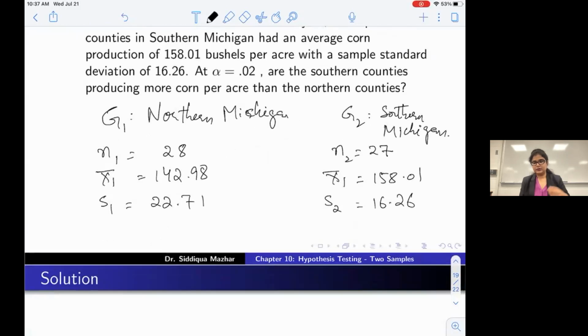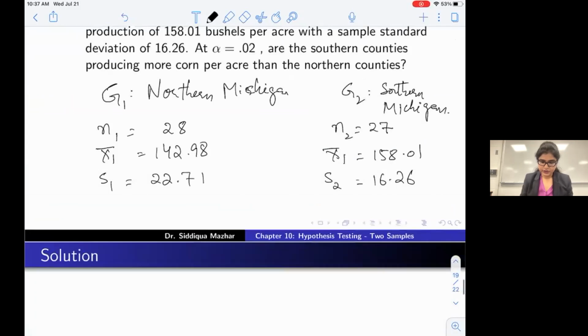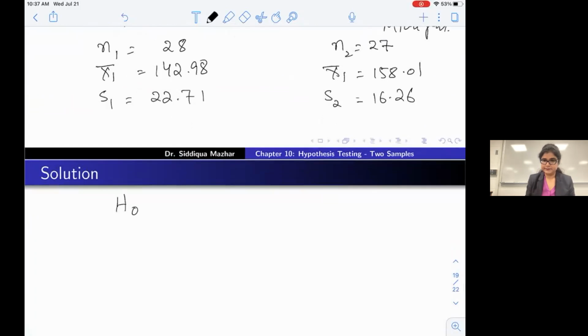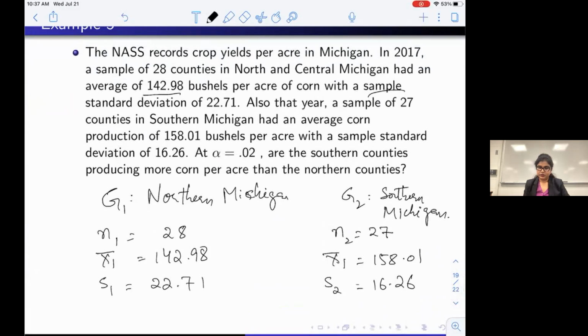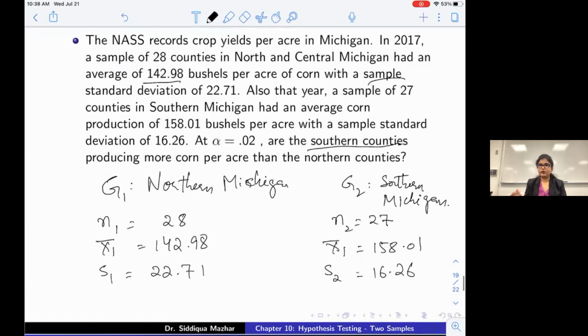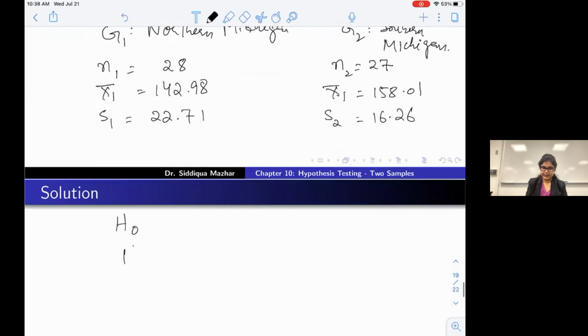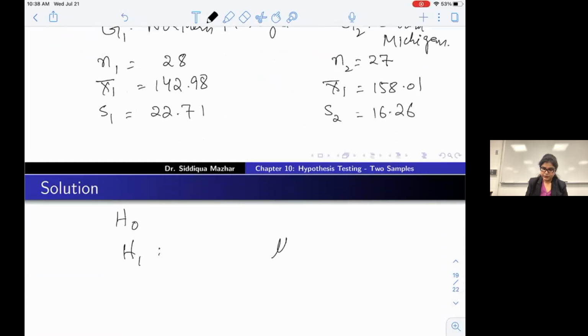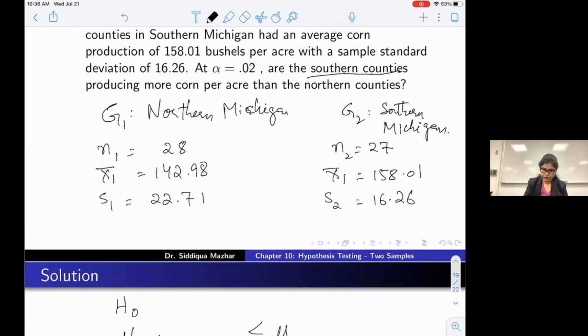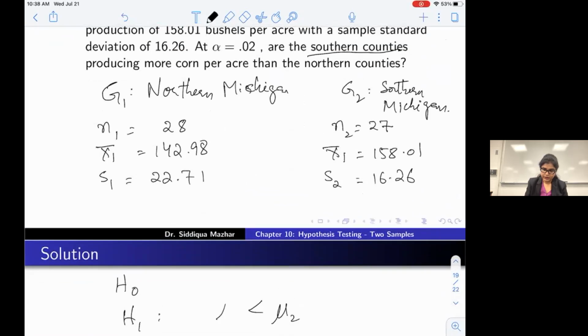Now with alpha, you have to calculate the value. I'm leaving it on you. You have to write your hypothesis and test the null hypothesis. The claim is that Southern Michigan, group 2, is producing more corn on average than the northern counties. This claim you will write in your alternative hypothesis H1, that mu2, Southern Michigan, is producing more corn than Northern Michigan.